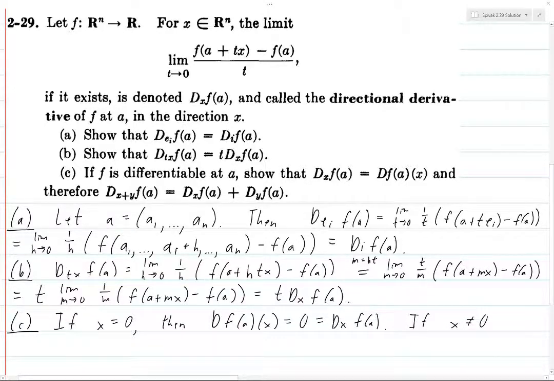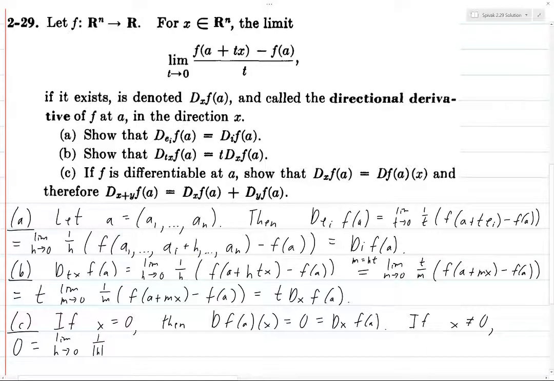Otherwise, if x is not equal 0, then we have 0 equals the limit as h goes to 0, 1 over the norm of h, and here what we're doing is we're using h as the input of the function f. So this is different from what we were doing before. When we were using h, h was a scalar constant.